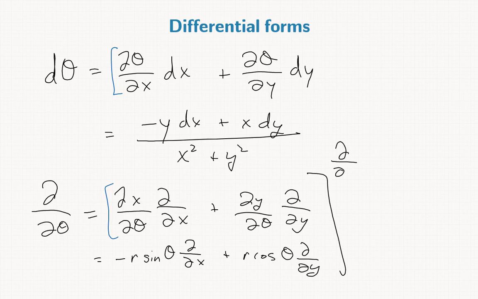So del by del theta is negative y del by del x plus x del by del y, but we don't have this denominator here. So this is what I meant when I said the d's versus the del by dels behave differently under changes of coordinates.